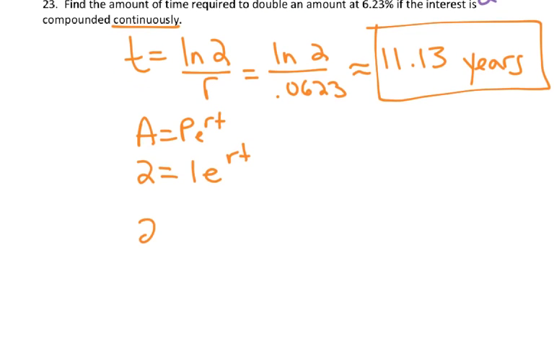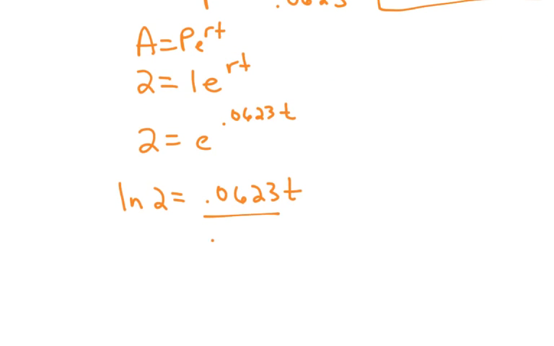What ends up happening is you end up with this equation, which in order to solve, you would take the natural log of the other side, and look, you end up deriving that equation either way.